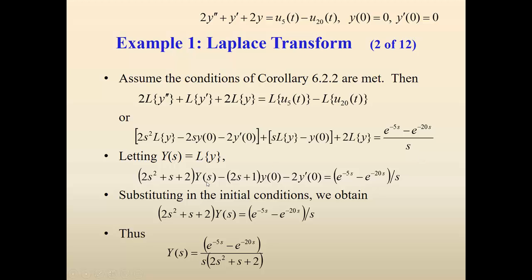Now, after we group the capital Y terms and the initial conditions together, we notice at the very top that our initial conditions are 0, so these have no effect on this problem. So solving for Y, we get this as a solution in Laplace space. Not in time space, we're going to need to move back, but in Y space we have this.